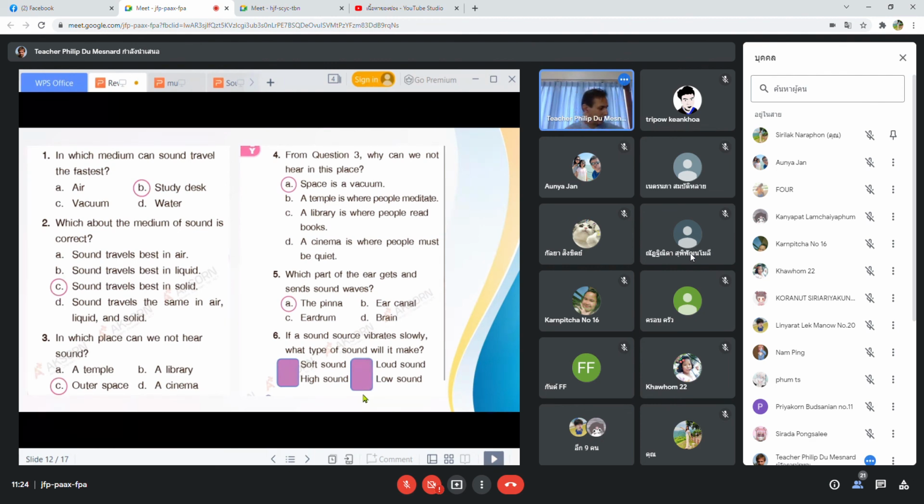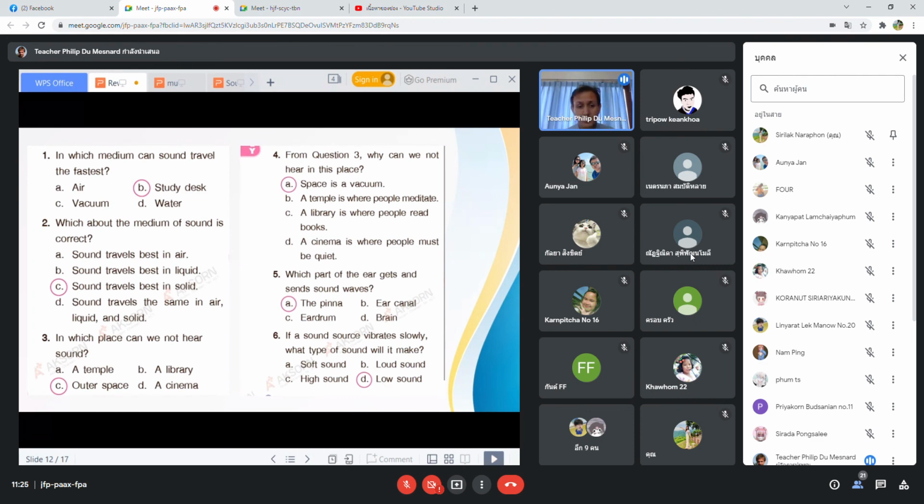Oops, I'm making a mess. So not like this, just like this. I think it's soft sound. No, low sound.